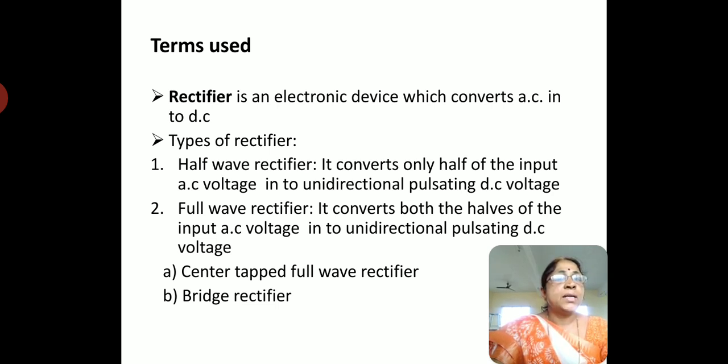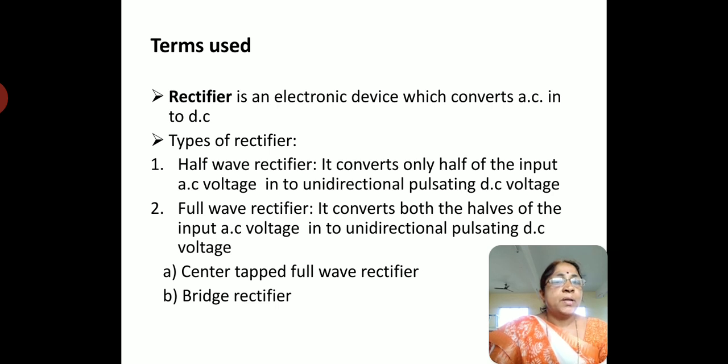A half wave rectifier converts only half of the input AC voltage into a unidirectional pulsating voltage, whereas a full wave rectifier converts both halves of the input AC voltage into a unidirectional pulsating voltage. The efficiency of the half wave rectifier is half that of the full wave rectifier, so we use a full wave rectifier to convert AC into DC.